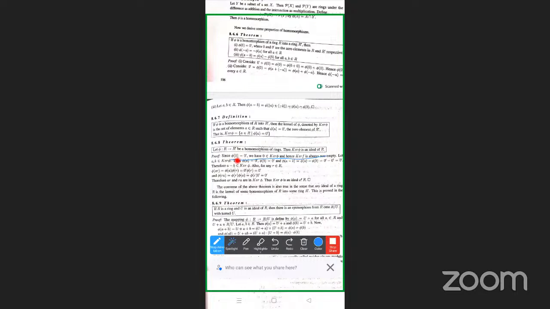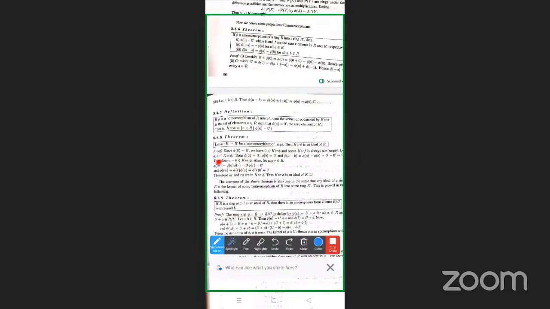Therefore 0 belongs to kernel pi. Hence kernel pi is a non-empty set, always non-empty, because every zero element is mapped to the zero element in the codomain.